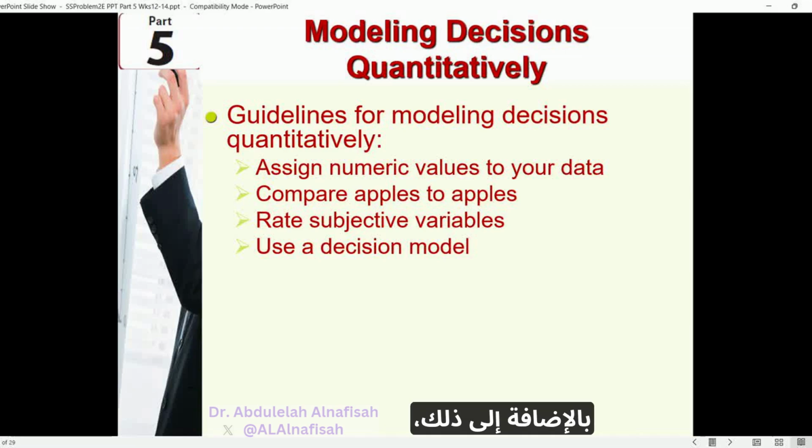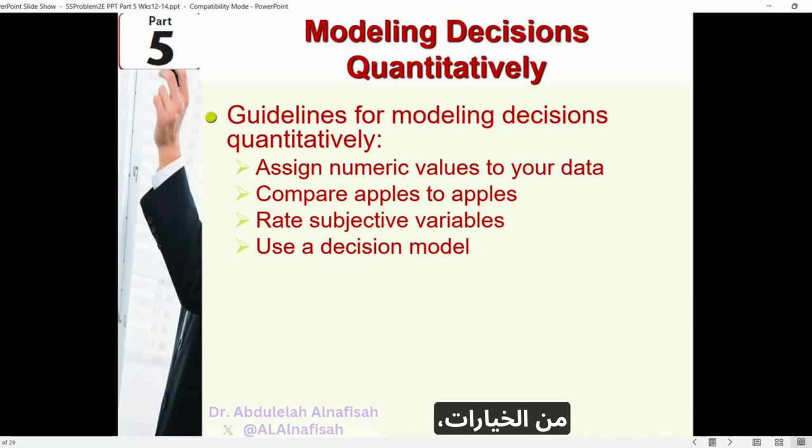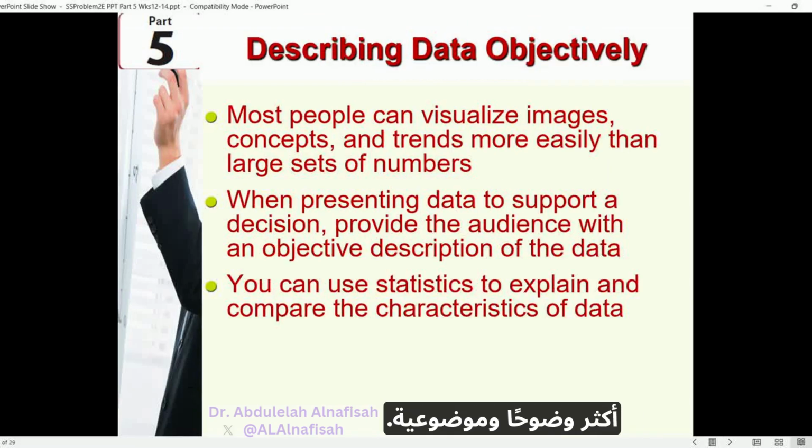Additionally, you could calculate the total of associated costs, including monthly rent, taxes, utilities, and salaries. By computing the overall scores for each location based on these criteria, you can generate a ranked list of options, making the decision-making process clearer and more objective.